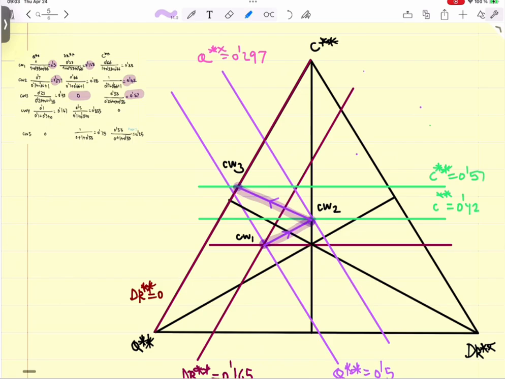Next, we have a 0 on the cost. We can take the quality, 0.167, sorry, and 0 on the cost. 0 on the cost is going to be the horizontal line.